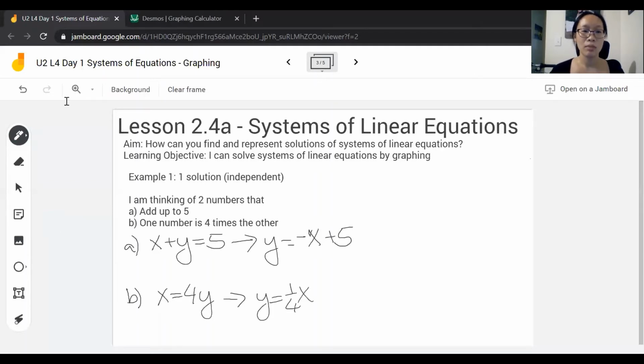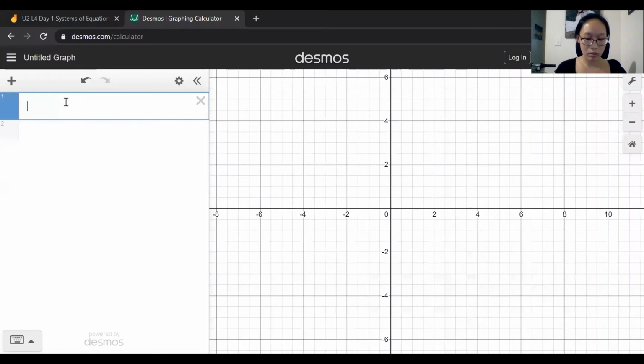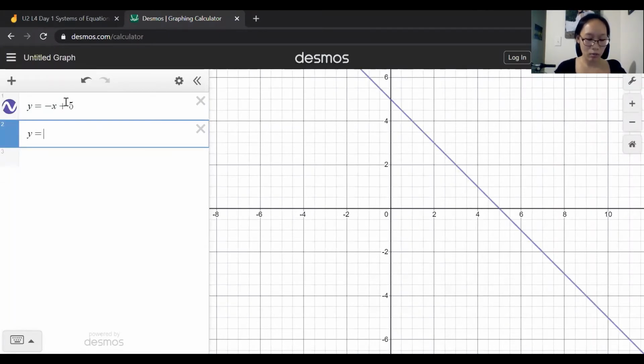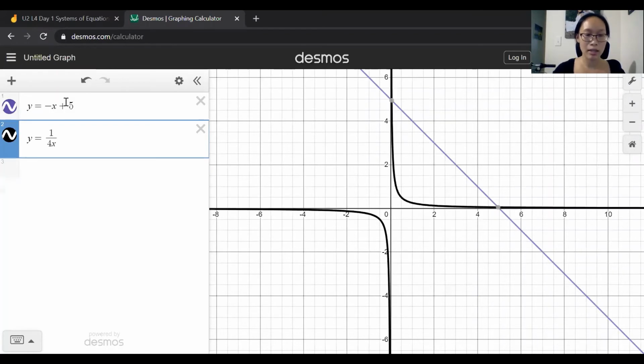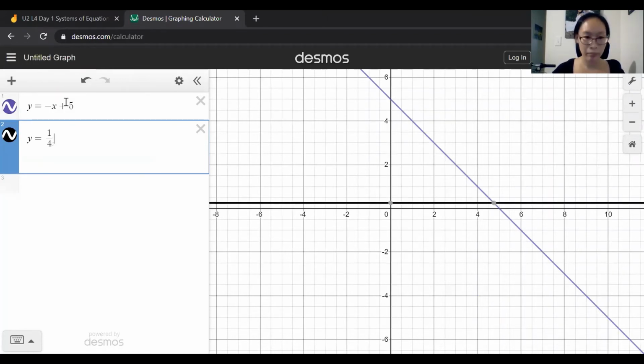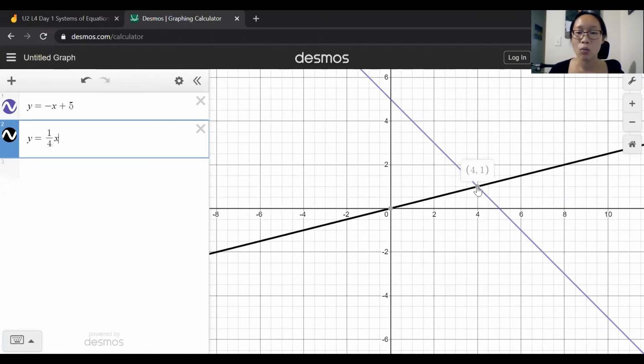So here in Desmos, I have y is equal to negative x plus 5, and then I have y is equal to 1/4 x. Remember the x has to stay out of the denominator. And that gives me one solution at 4, 1.